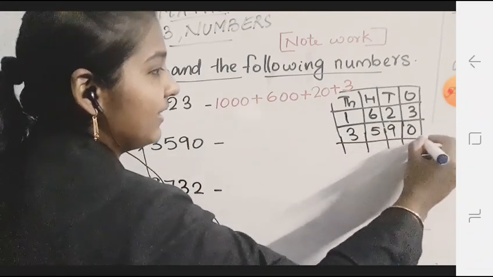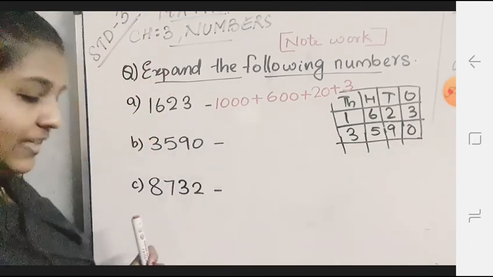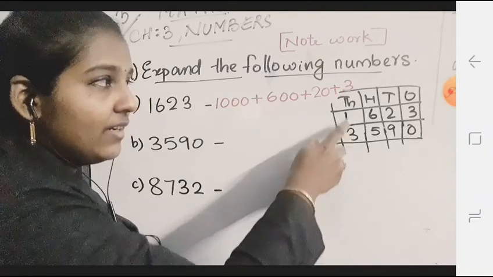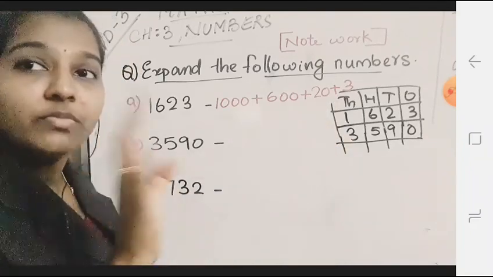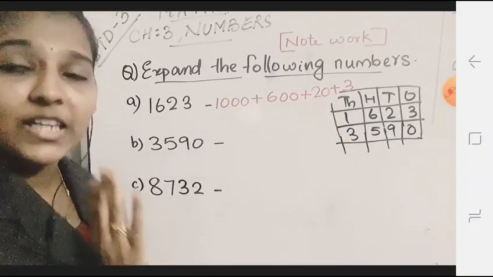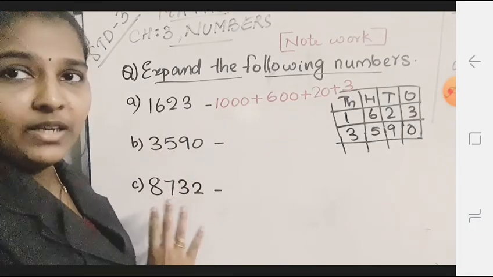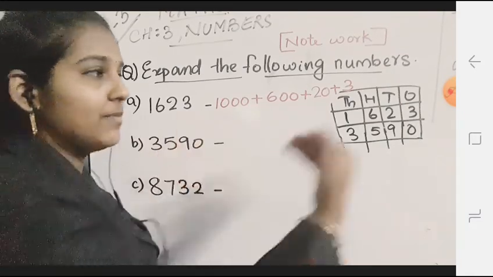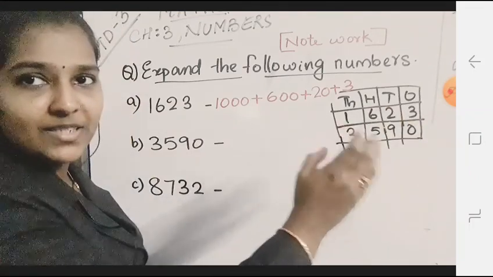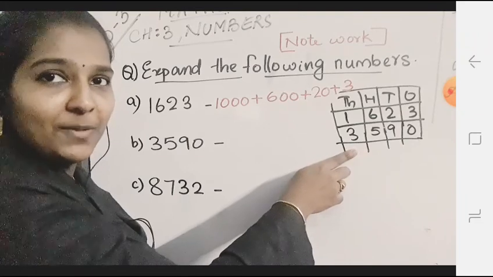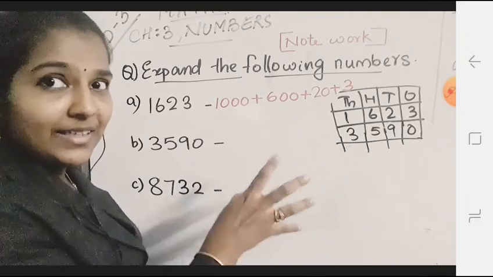So we got the place value chart of the next number. Now you look, 3 in thousands place. My dears, when we are expanding a number, you have to start from the biggest place, not from the ones place. From the thousands place you can write the expanded form.